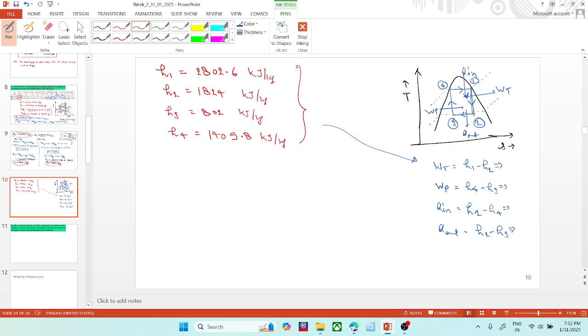So WT would be 2802.6 minus 1824. The turbine work is 978.6. The unit is kilojoule per kg for all the values. WP comes out to be H4 minus H3.